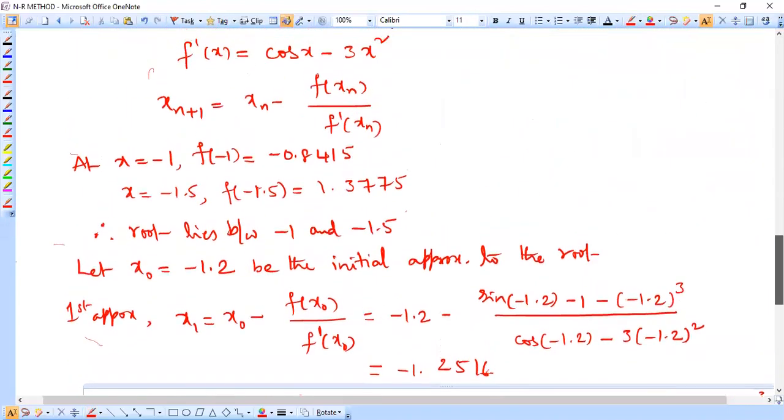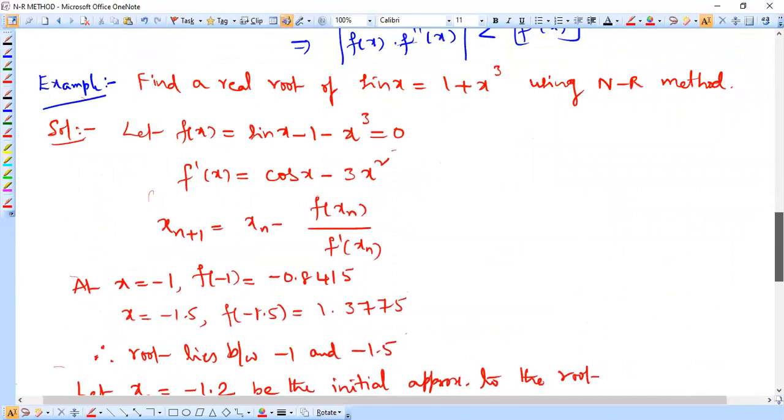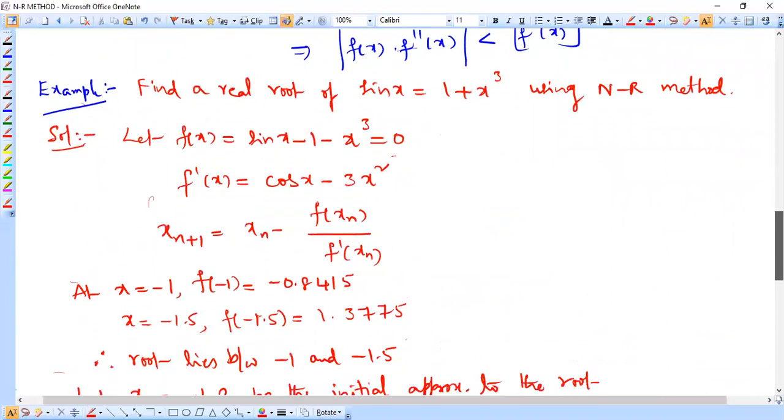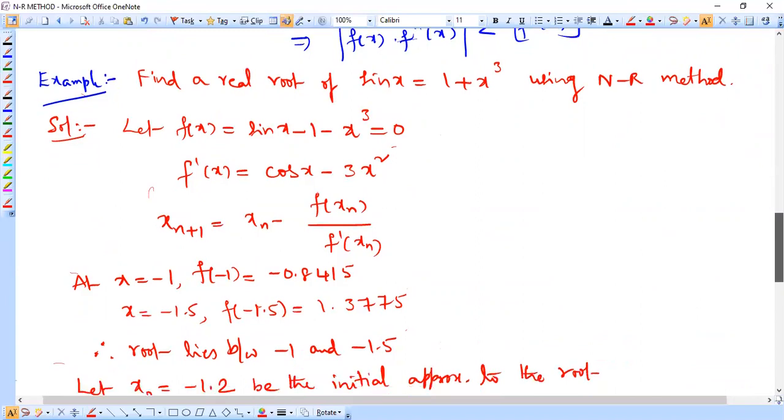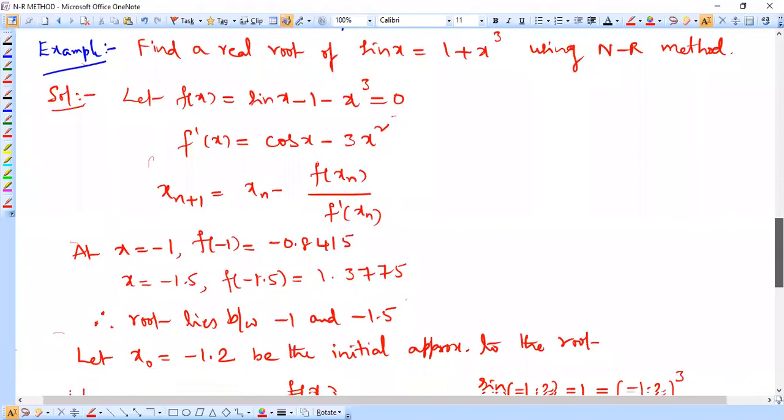Let us look at it briefly. I have taken one example. This example specifically I have chosen because for this example there exists a negative root. I observed that a root lies between minus 1 and minus 1.5. Since we have some trigonometric function present in the equation, set your calculator in radians and find out the functional values.